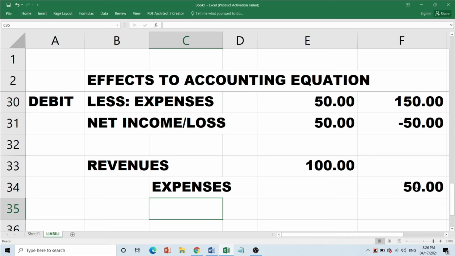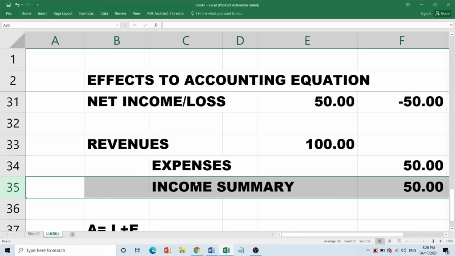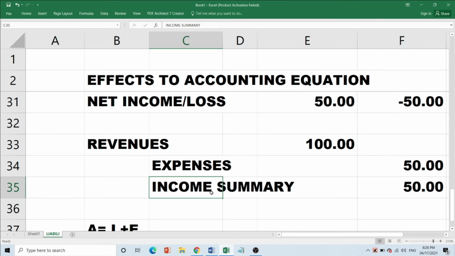Okay? 100 minus 50, so revenues less expenses, this must be income summary account, right? Yeah, income summary account is an account used to close revenues and expenses.